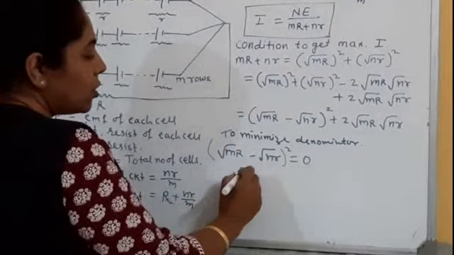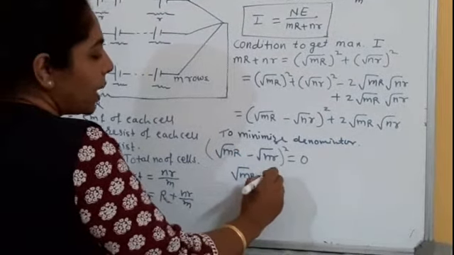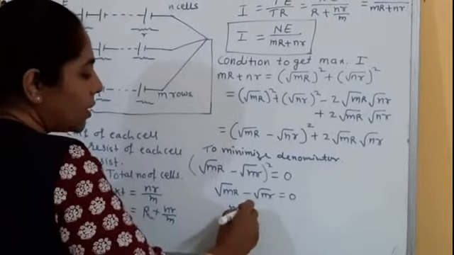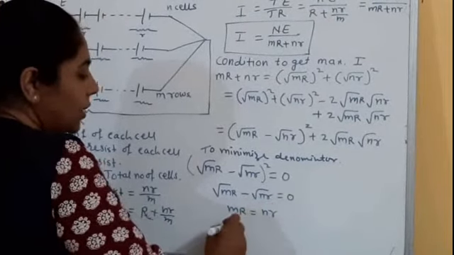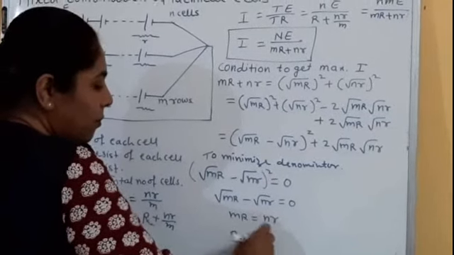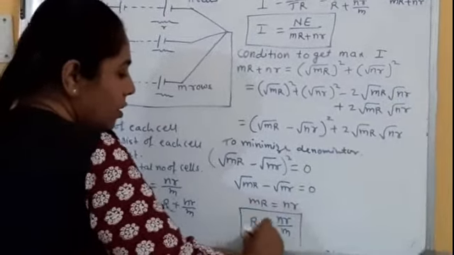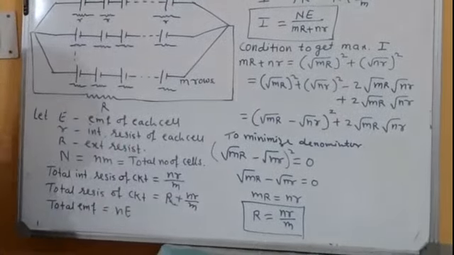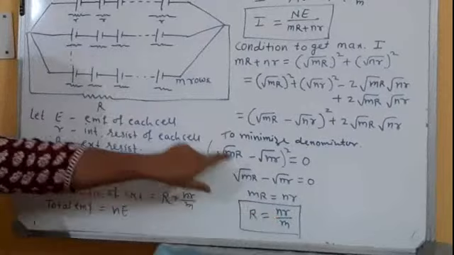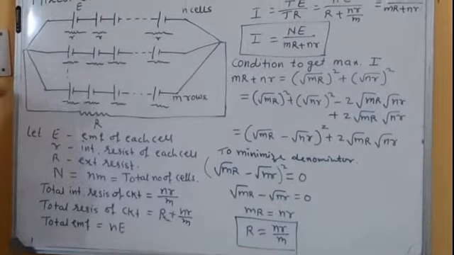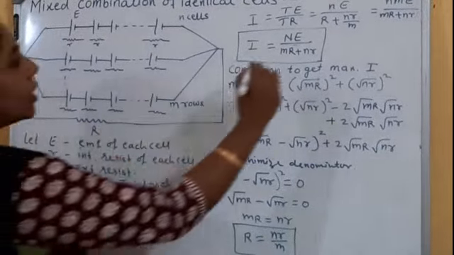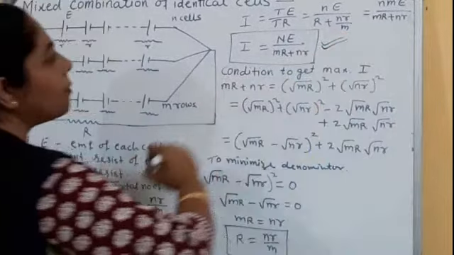It shows that root mR minus root nr must be 0. That is mR is equal to nr. That is capital R is equal to nr by m. So this is the condition when the external resistance is equal to the total internal resistance of the circuit. That time the current in a circuit is maximum.